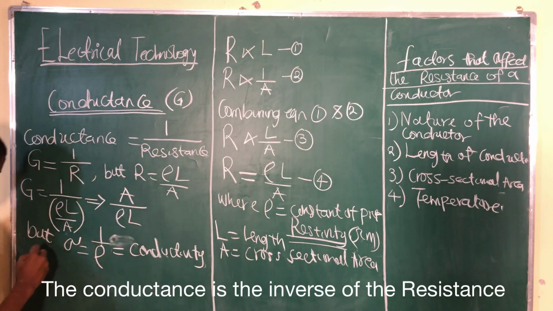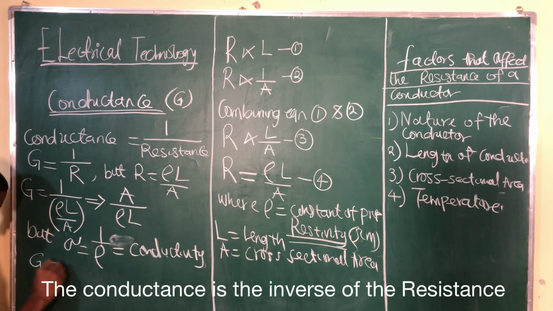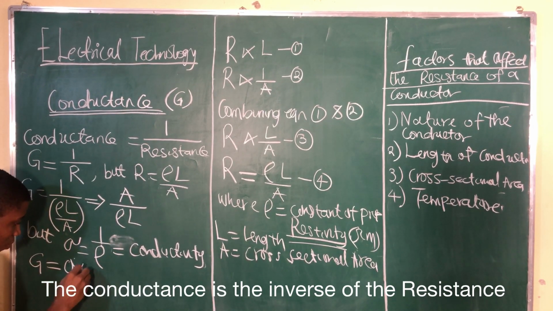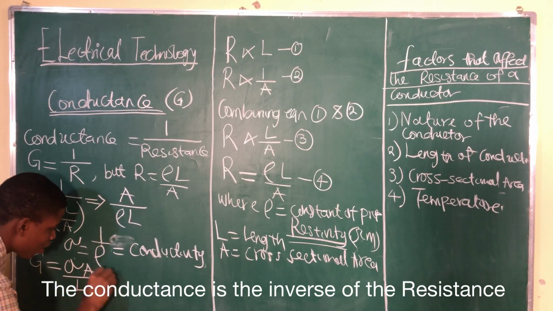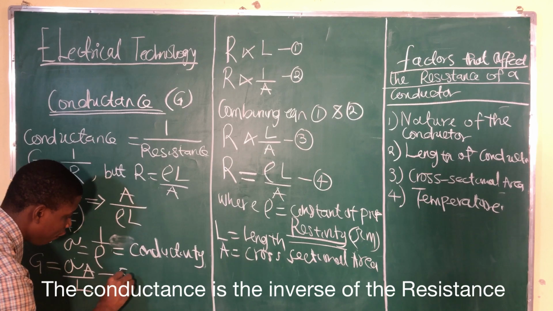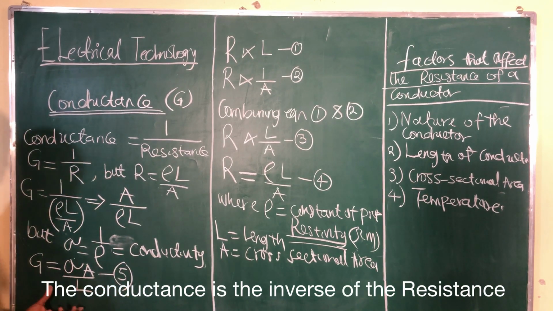So once we do that, we have that G, which is the conductance, is equal to the conductivity multiplied by the area all over the length. So let's call this equation 5. So take note. This is the formula for the conductance of a conductor.